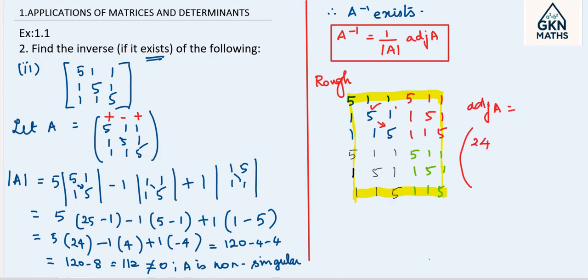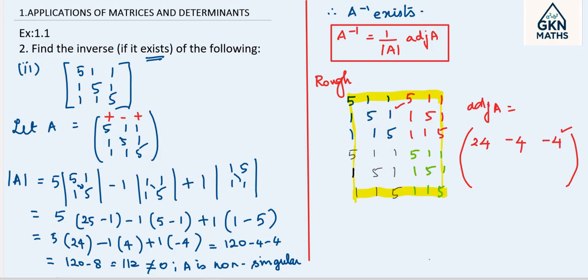Take the first 2 columns, simplify column-wise, and write it row-wise. 1 into 1, 1 minus 5 is equal to minus 4. Again 1 into 1, 1 minus 5 gives us minus 4. So we have simplified along the columns and written it along the first row. This is the first step.